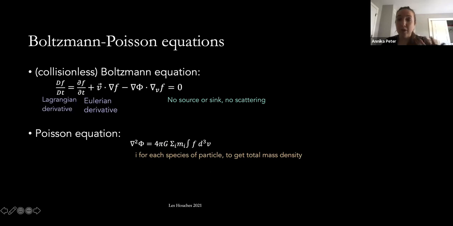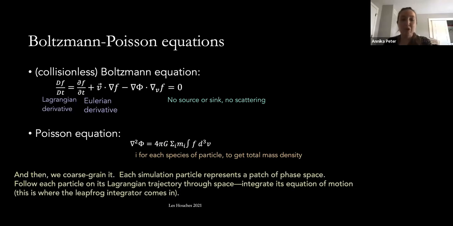And as I mentioned before, we're coarse graining phase space density. We have a bunch of simulation particles, and each simulation particle represents basically a patch of phase space. We're tracking the evolution of that phase space density by following these simulation particles.